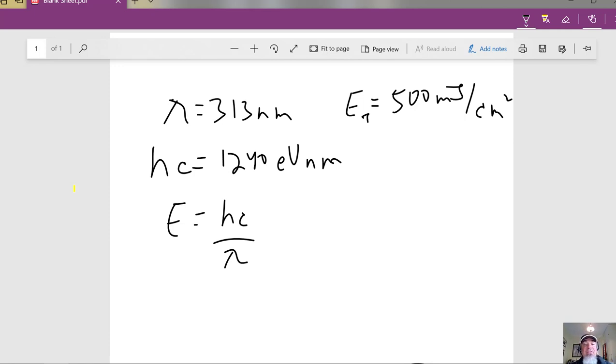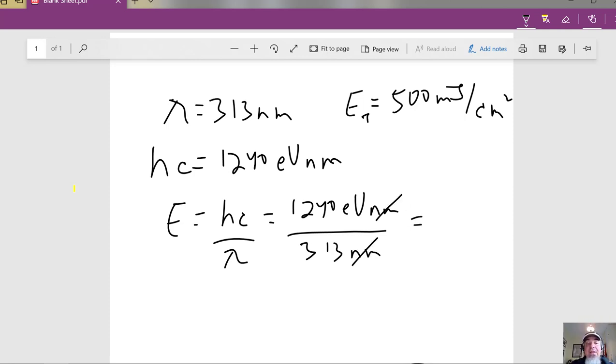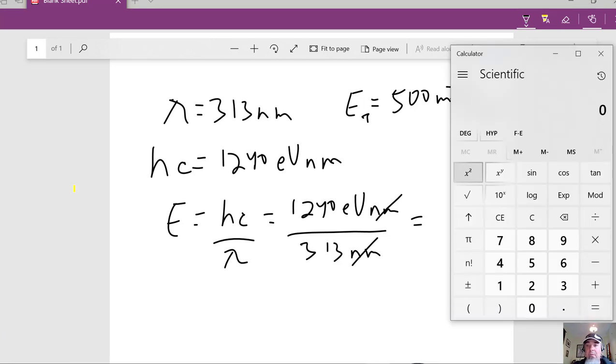It's also h times f, but it's hc divided by the wavelength because the frequency is the speed of light divided by the wavelength. So if you are comfortable with this, h times c, that thing I've already multiplied together, in eV is 1240 eV nanometers. That is h times c. And then if you just divide it by the wavelength, 313 nanometers, the nanometers actually cancels out, and then you can figure out what the energy is.